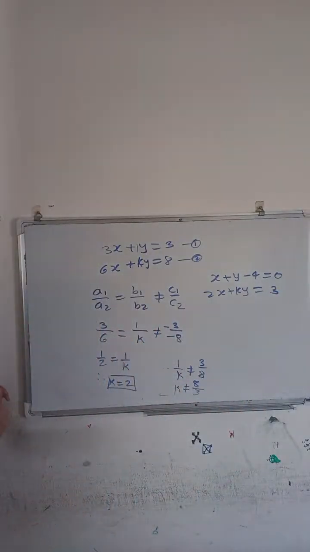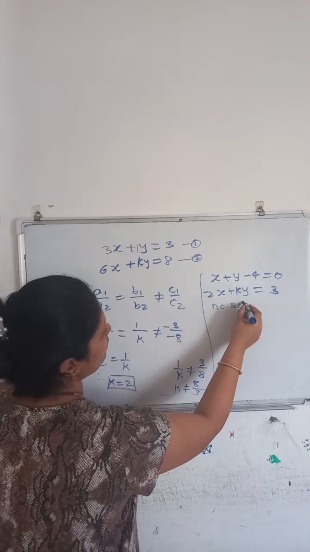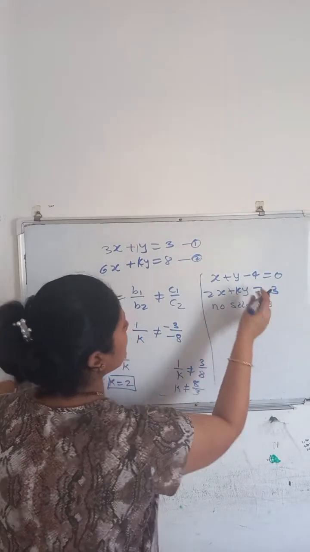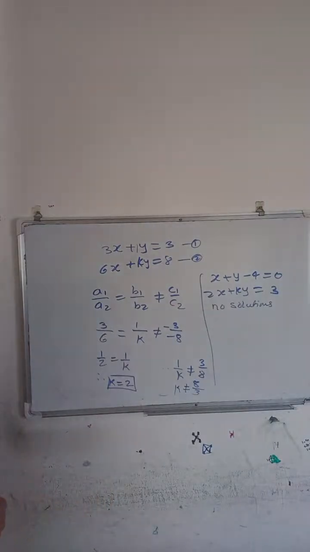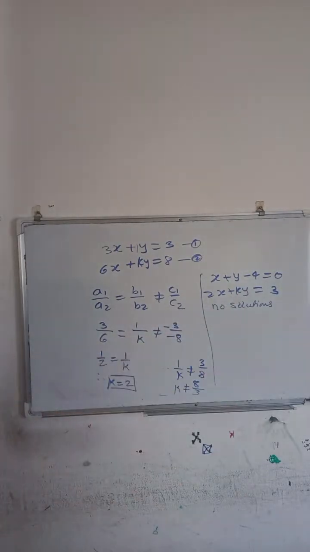So there is also no solution. Condition is what? No solution. That means they are parallel. So find out the value for k here. I think for the previous question you got k is equal to 2. Now find out the k value here. Check how much will it come and tell me the answer.